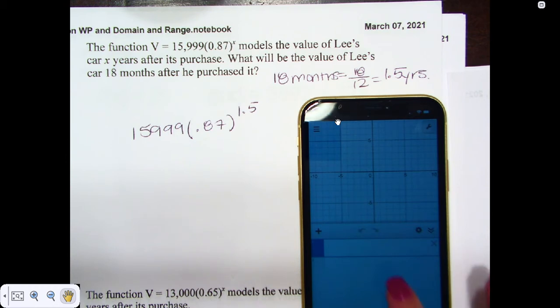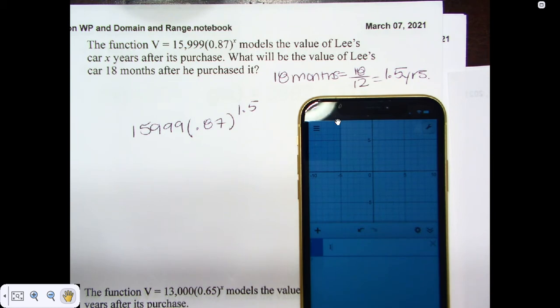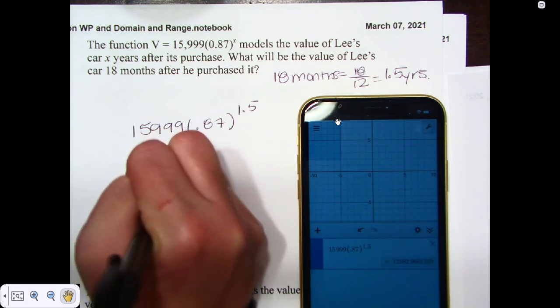I would just type in 15,999, parentheses 0.87, close my parentheses, raised to the 1.5. And there it is, 12,982.90.